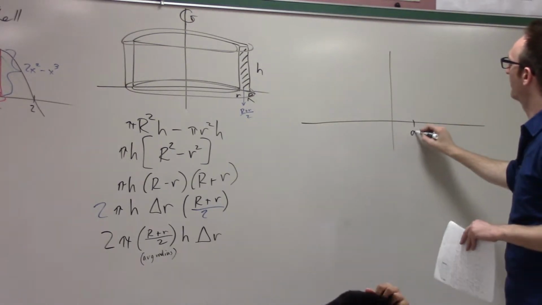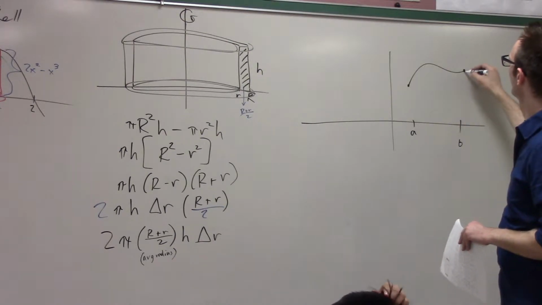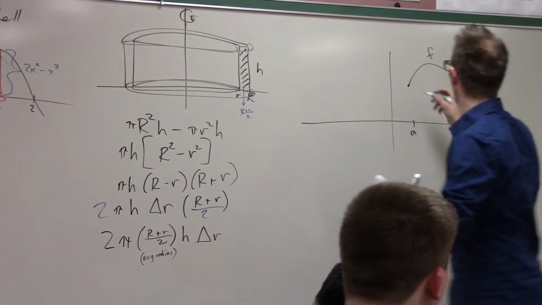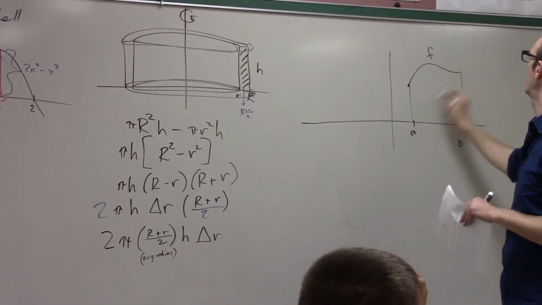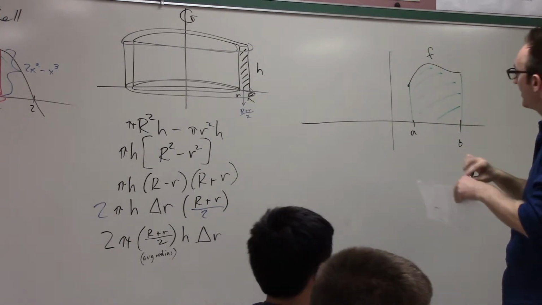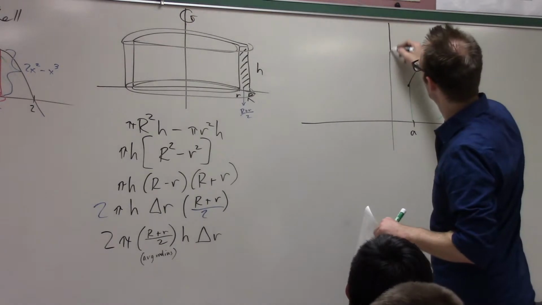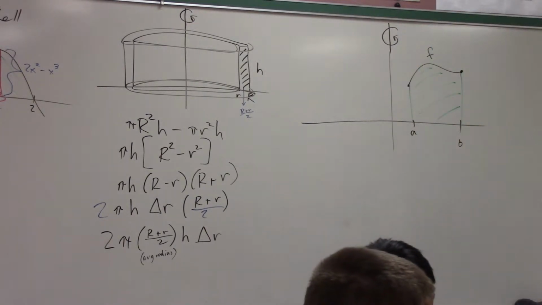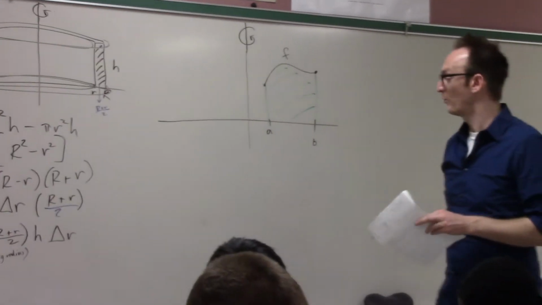I'm going to go from A to B. I have some kind of function, and the overall goal is to find the volume when the region under some function is rotated about the y-axis, where it's inconvenient for me to do it sideways. So what do?